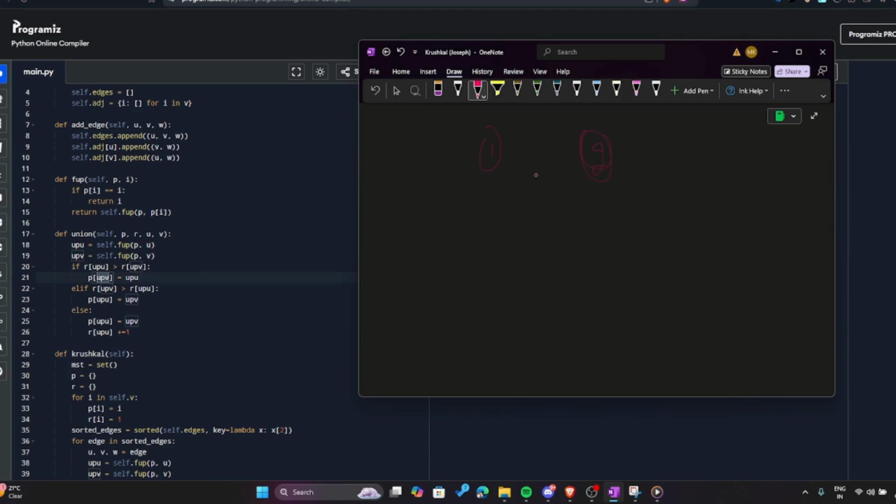It's going to be random, whichever happens to be U. I could change this to be the other one as well. Now this happens to be the parent of UPV, right? So what that means is that I now have to increase the rank of UPV, right?